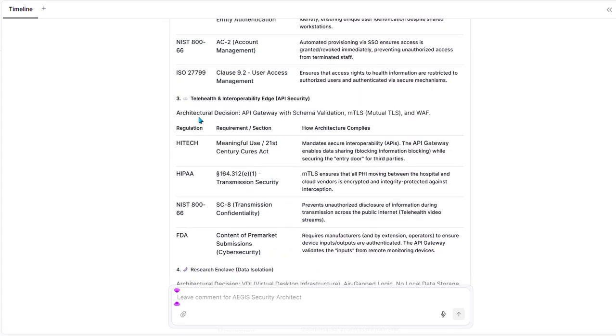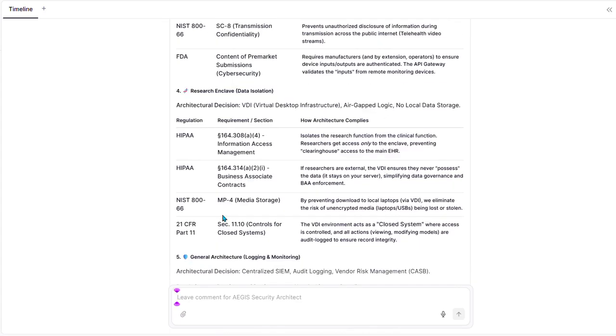And then the next is the telehealth and interoperability edge, the API security, where we have the HITECH, the HIPAA, the NIST 800, and the FDA. It also gives us how it applies. And the research enclave, where it gives us all the stuff, and the CFR; he went about giving us the requirements and how it applies to the architecture.